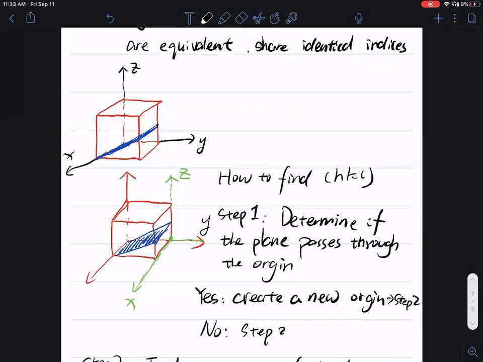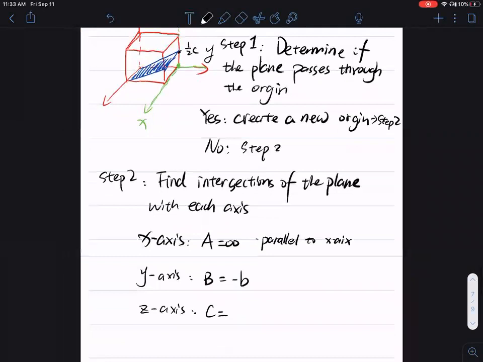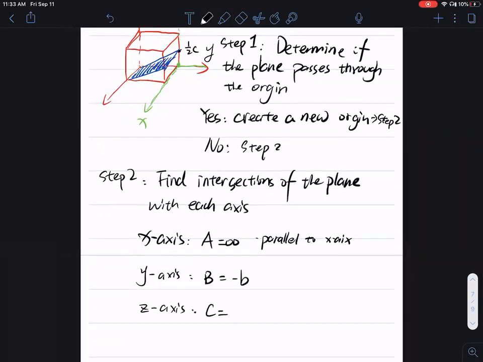So it's 1/2 C. So here is 1/2 C over there. So for C, it's 1/2 C, small c. Now we have the interceptions with each axis, A, B, and C. We can jump to step 3.